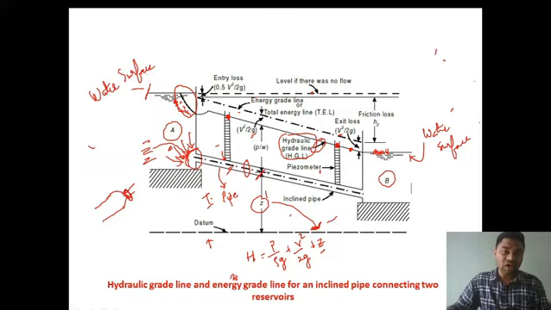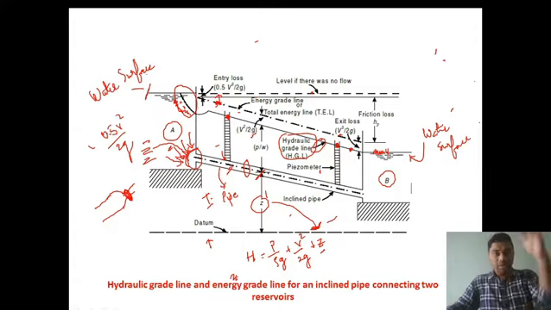What happens? A vena contracta is formed. What is vena contracta? The place of minimum cross sectional area, we call it the vena contracta. So here the entry loss of 0.5 V square by 2g occurs. That's why, looking from the surface of the reservoir, the total energy line is lowered by the amount of 0.5 V square by 2g, which is nothing but the entry loss.